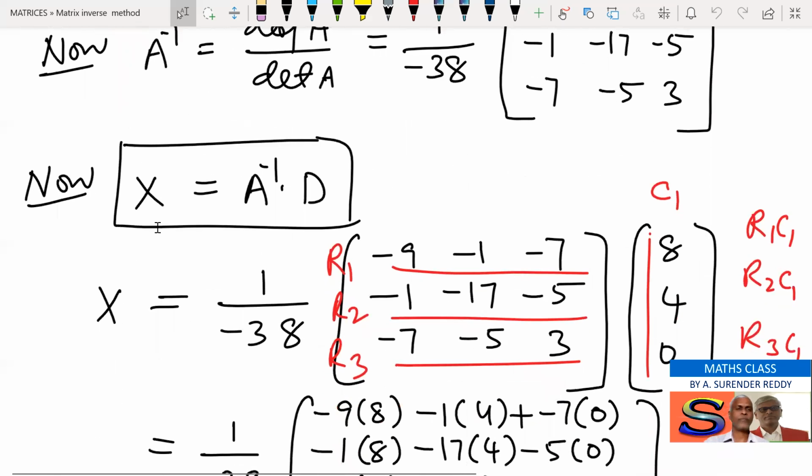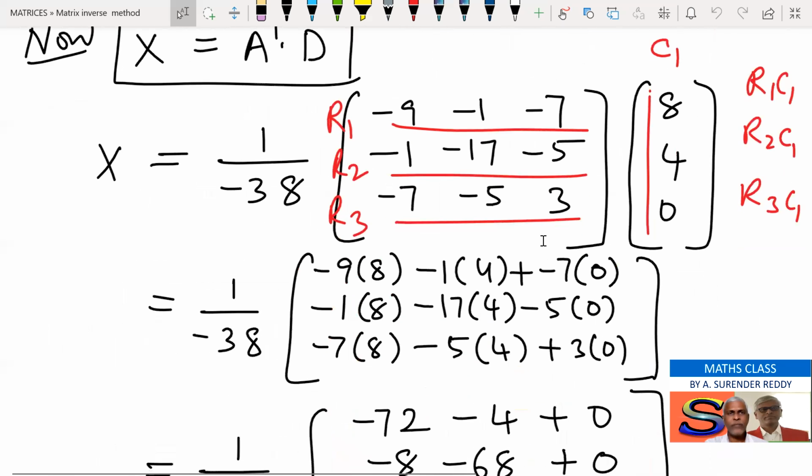And the solution will be X is equal to A inverse D. A inverse multiplied with D, where D is the constant matrix. So write A inverse and write D, and multiply them: R1 with C1, R2 with C1, R3 with C1.